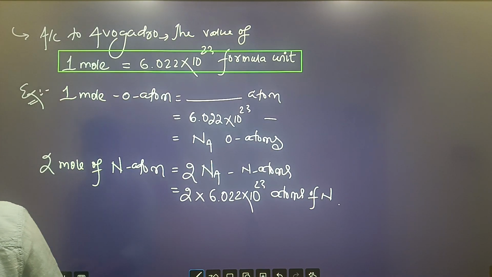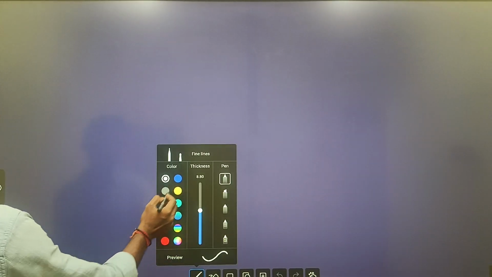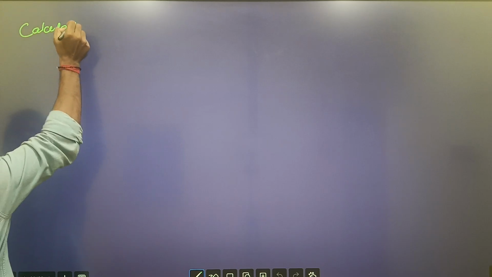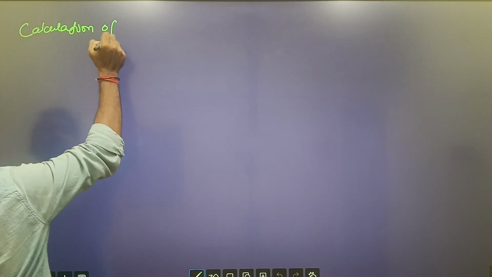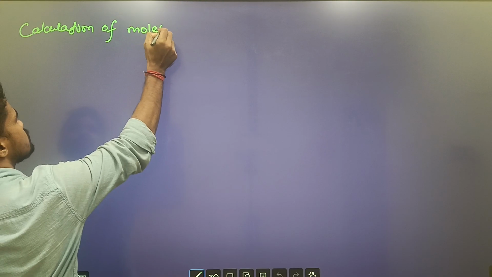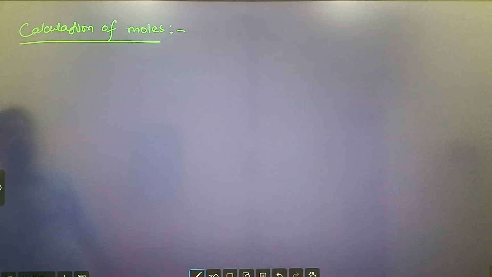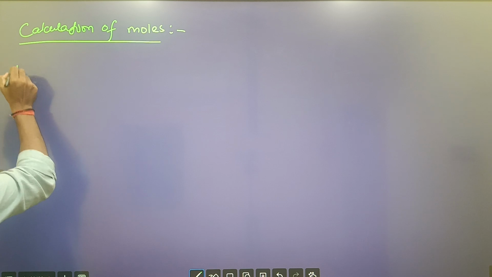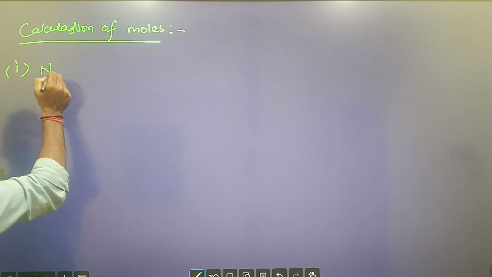So let's see how we can calculate moles. Calculation of moles. The number of moles is represented by small n. What is the formula?